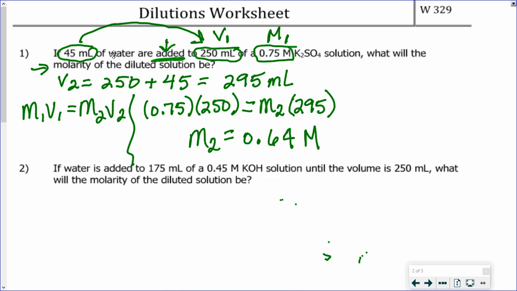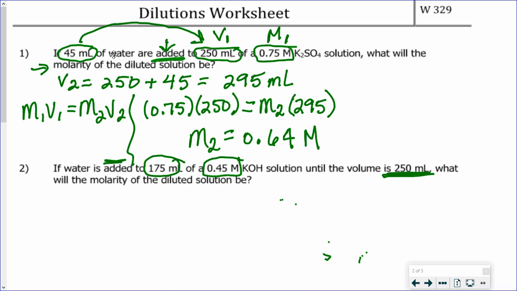All right. Let's look at number two. If water is added, we got another added again, to 175 milliliters of 0.45 molar until the volume is 250.